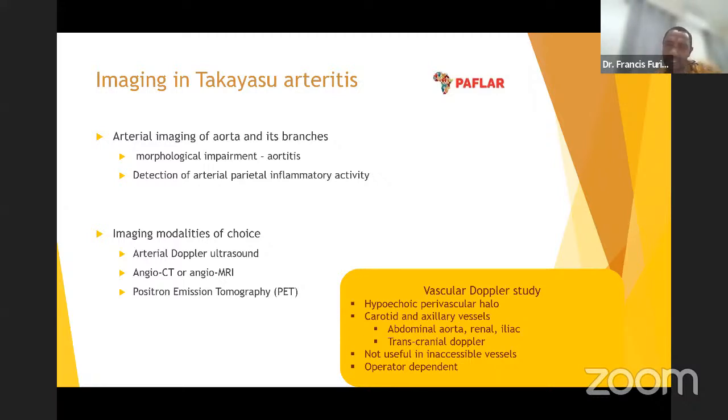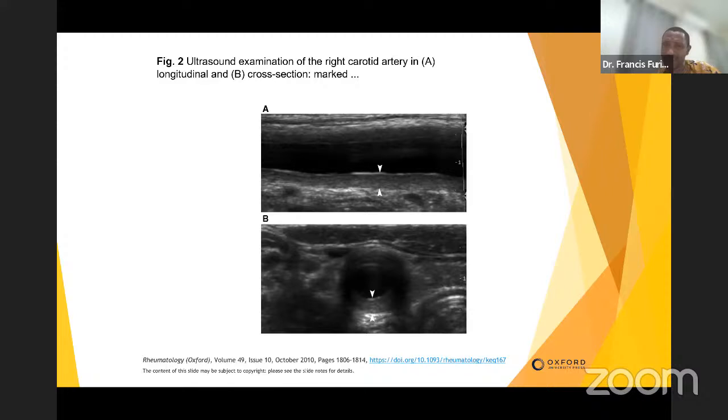And occasionally you might be able to do transcranial Doppler and get some of these things. And we also need to appreciate that it is operator dependent, so sometimes you might miss things depending on who is doing your scan. And this is just an example of the ultrasound scan, which is showing you the wide thickening of the vessel wall, which can be clearly appreciated.